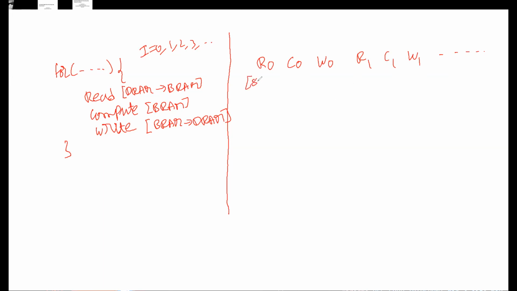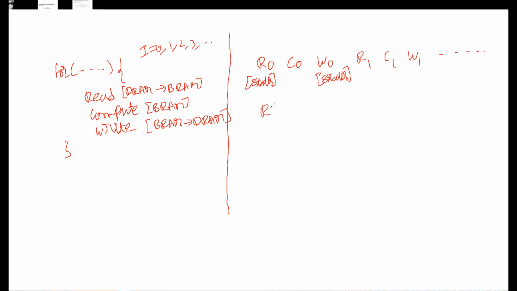So these are stalls, clock cycles in which you are not doing any compute. This is a bad thing. During the read and write phases, R0, R1, and so on, your FPGA hardware is not doing any useful work.